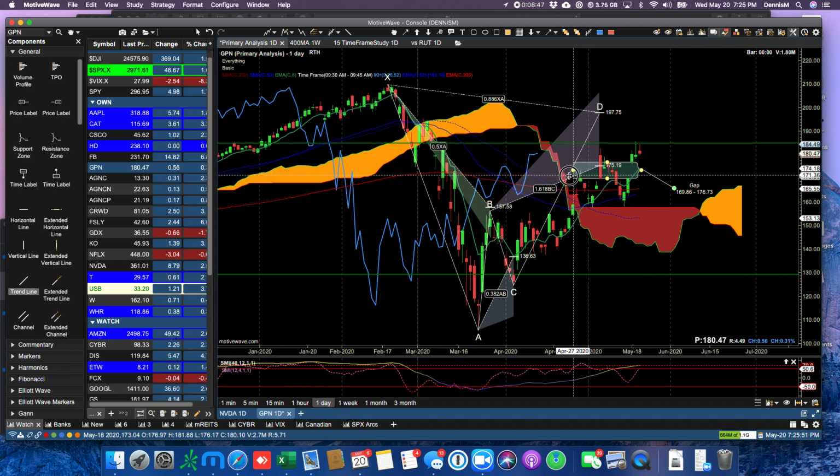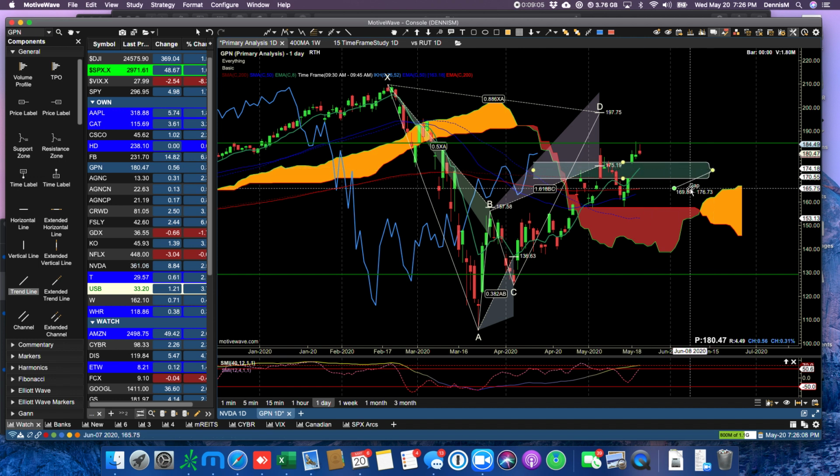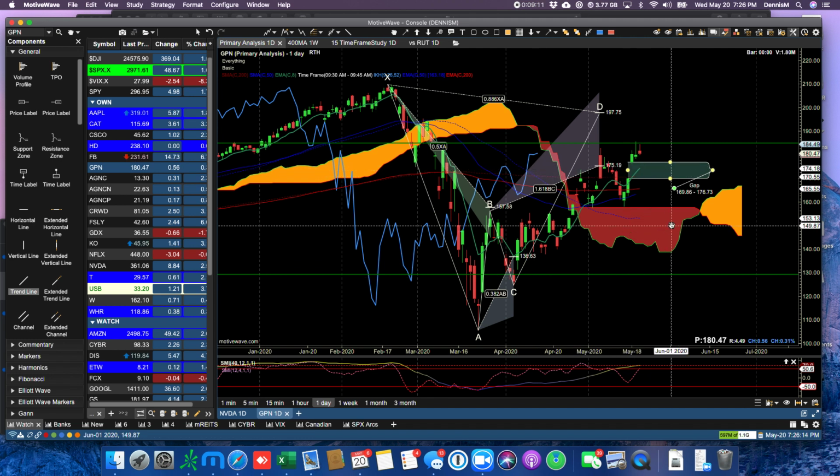If we extend the bottom of the gap outwards, we can see that the bottom of the gap intersects with the 200-day simple moving average, not only price-wise, but also with the Chiku span hitting it. So look for a possible pullback to fill that gap, and then you would want to buy right here.